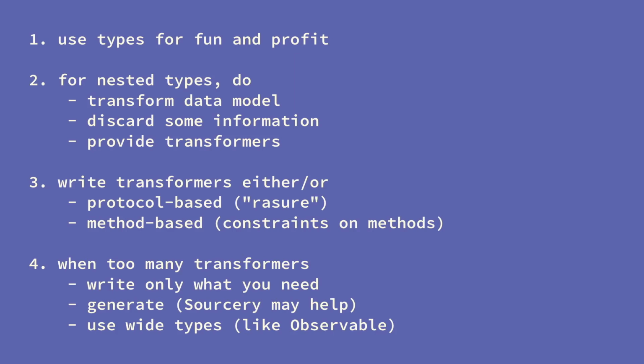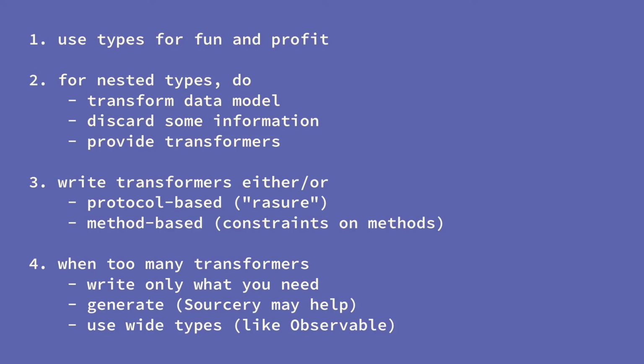You can always provide transformers, but transformers are not sustainable in a way that they won't go that many layers deep easily. So it's always a good idea, if you see a long signature, to treat it as a code smell and think about transforming your data model, or thinking about, is this information really needed in this particular place? Should it really be passed somewhere down the road?